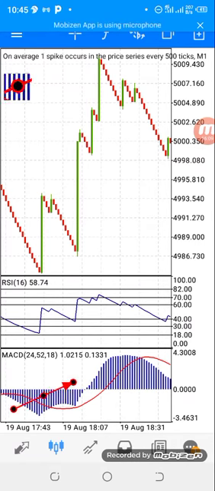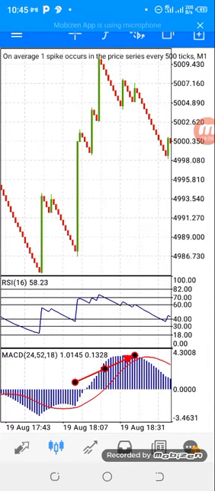This is our red signal line, and these are MACD bars. So the MACD bar is above the red signal line starting from this level, and it moves up to this level.